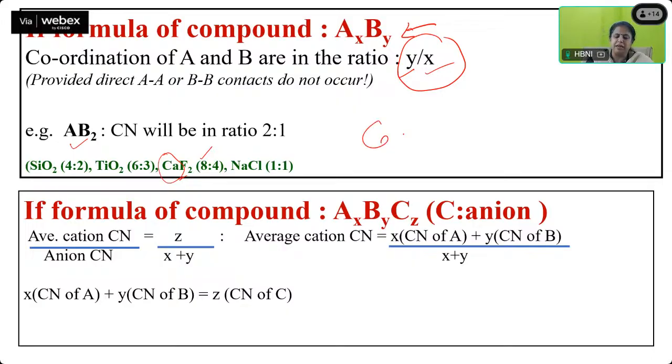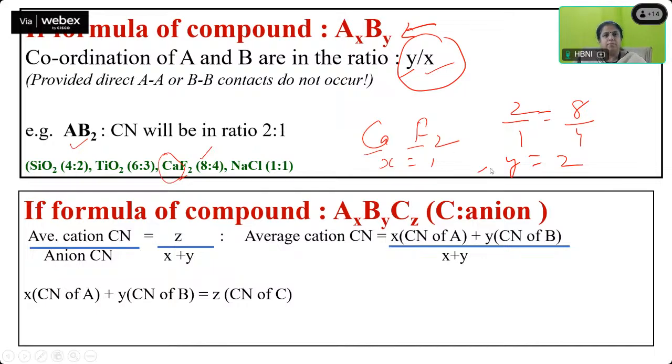So basically CaF2, now your X is 1 and your Y is 2. So the ratio of the coordination number of calcium and fluorine is 2:1, and here we have 8:4. Okay, so I hope this is clear.